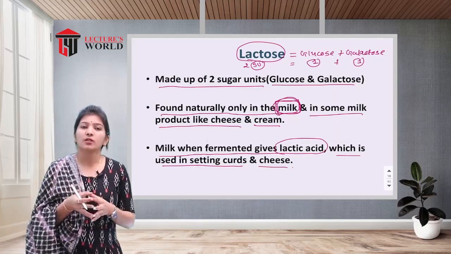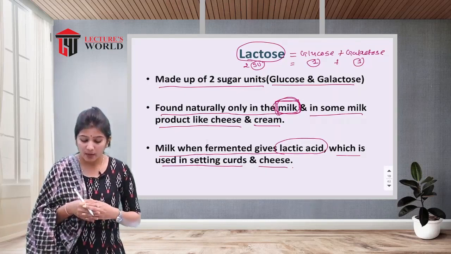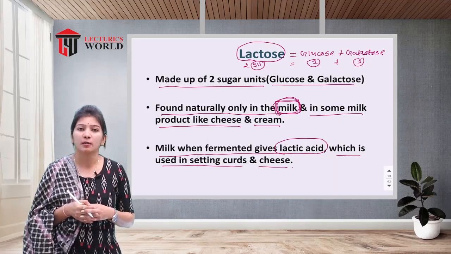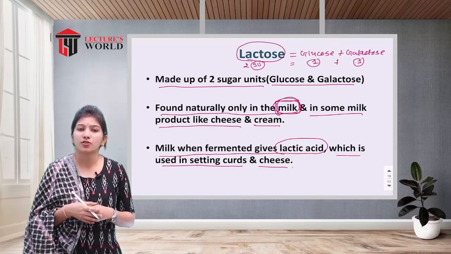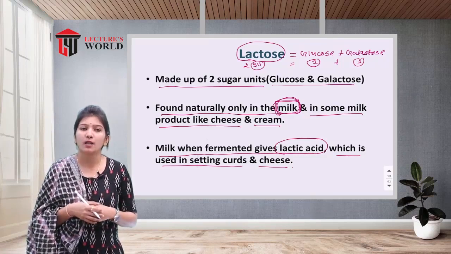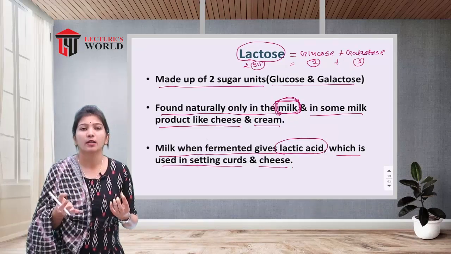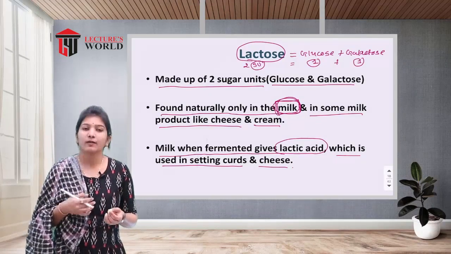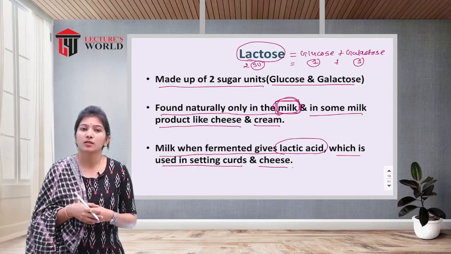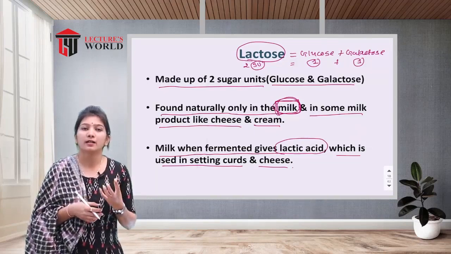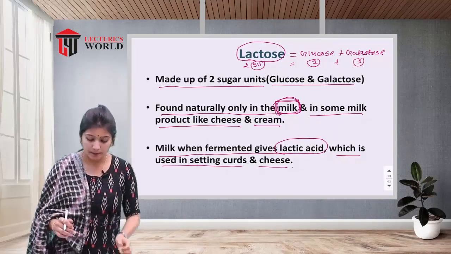The fermentation process is taking place because the lactobacillus bacteria present in the curd or buttermilk are changing the structure or the composition of milk. The milk is in a liquid form and it is making the solid form in the curd. So wherever we are making the fermentation process in milk, lactic acid is produced and it is setting the milk into the curd.